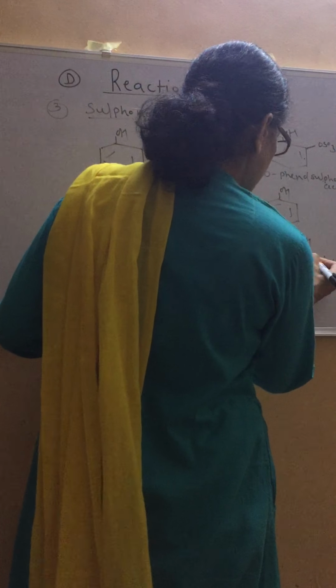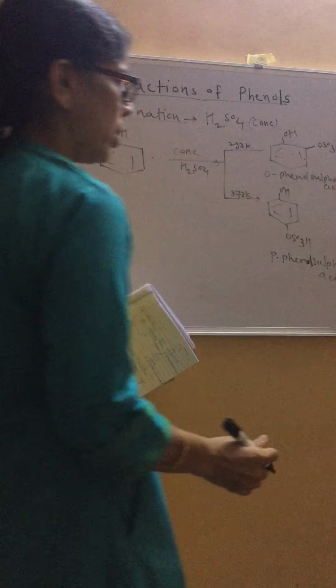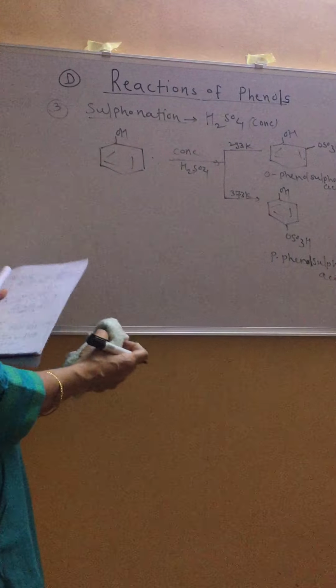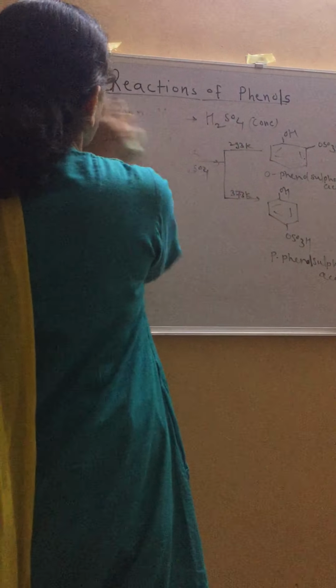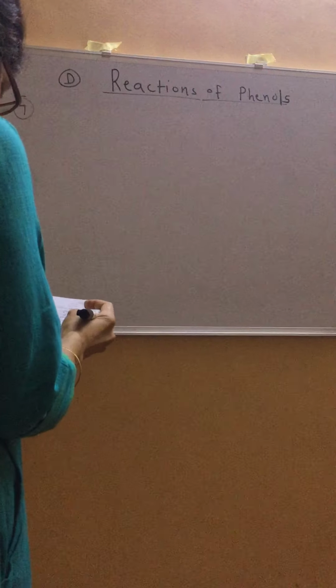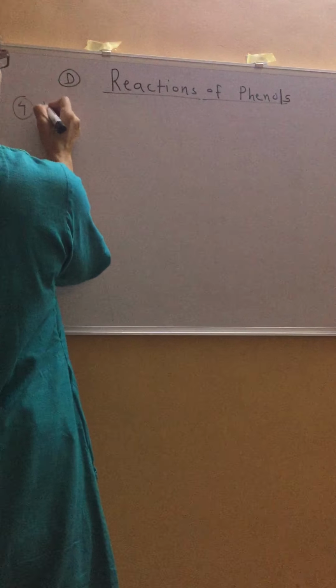SO3H is the sulfonic acid group. Okay, this is about sulfonation. Now we will go to the fourth reaction, that is Reimer-Tiemann reaction.